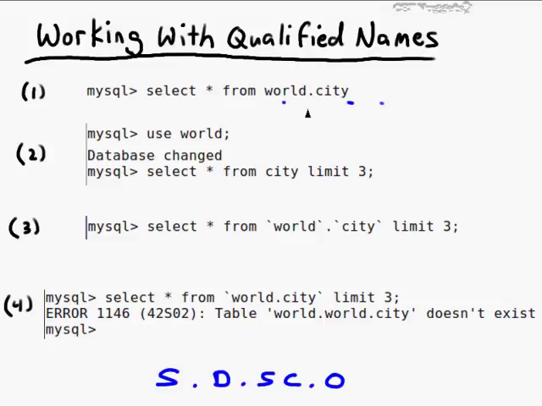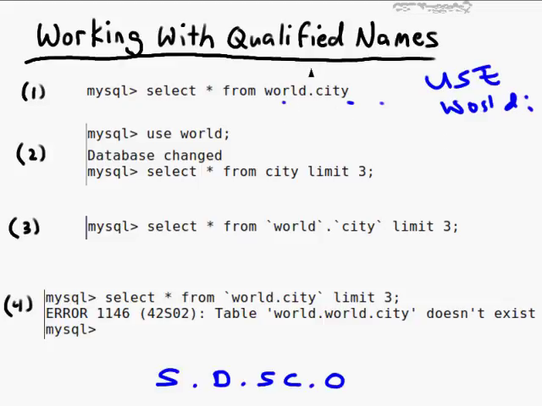If we have, for instance, used the use keyword to attach ourselves or shift our context to a particular database, then we do not have to prepend the database name to the table name. So, for instance, if we were logged into MySQL client and we issued use world, that is a great advantage to us as database administrators or database users because it lifts that qualification requirement.